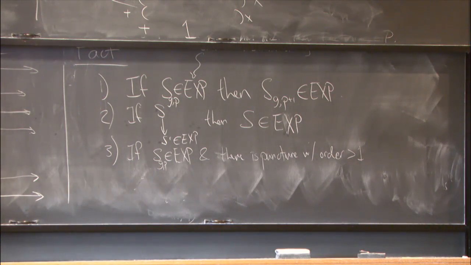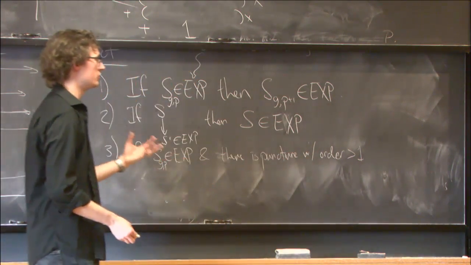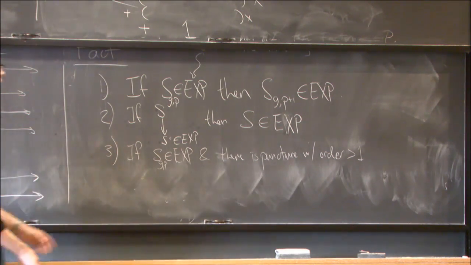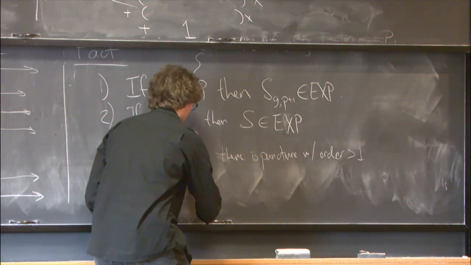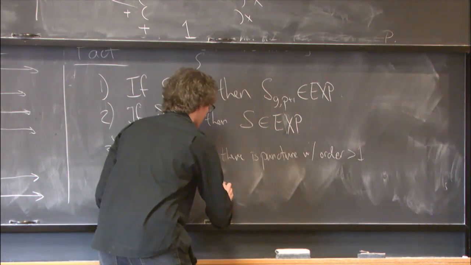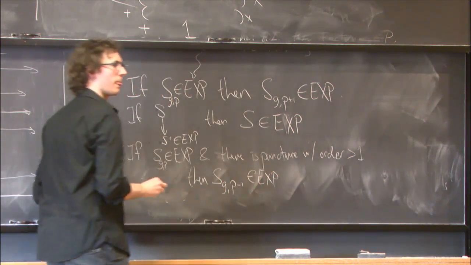So anytime I look at this puncture, I look at the stable lamination, I see at least 2 prongs coming out of this. Well, then what I can do is I can fill in that puncture, and whatever the stable lamination is, it'll survive under that filling. So in fact, so long as I have a puncture whose order of the singularity is at least 1, then what I can do is I can do this filling, and this family will actually survive. So then SGP minus 1 is in X.